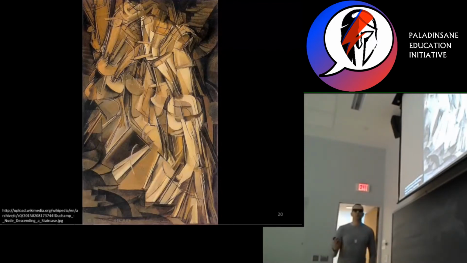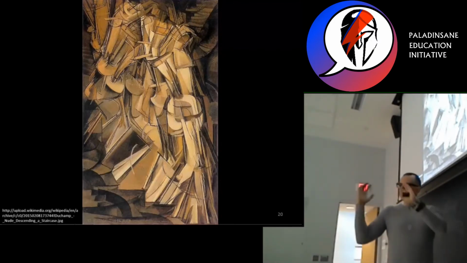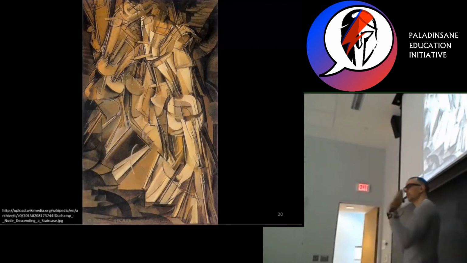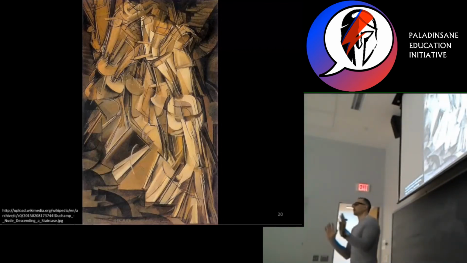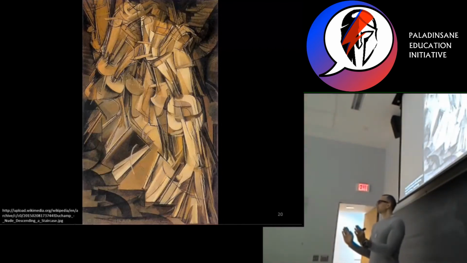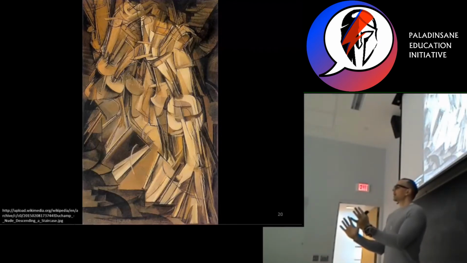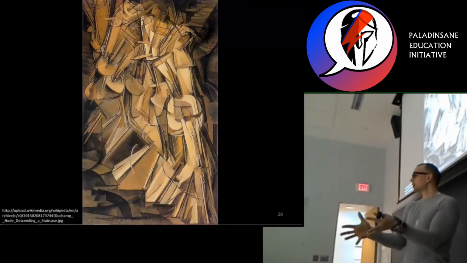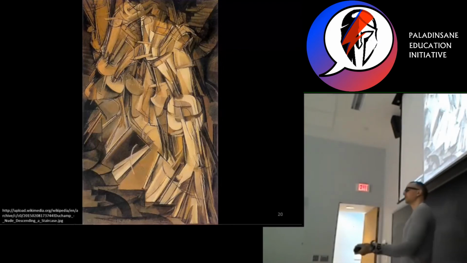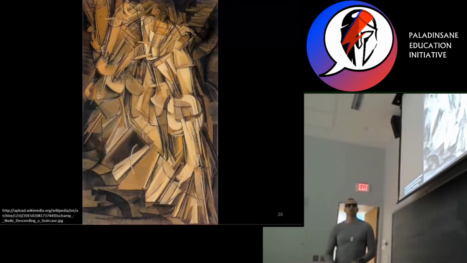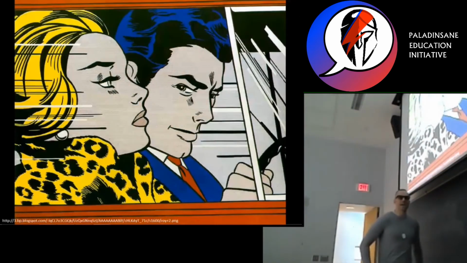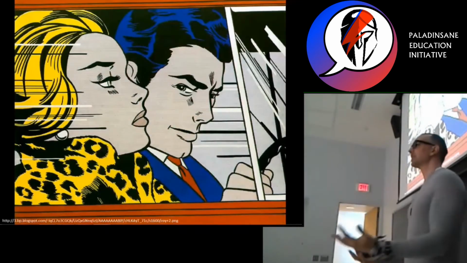So what we wanted to do is find images where there was motion. We wanted to find images that represented things that occurred in the real world. But we also wanted to find images that could use metaphorical devices and use them often enough that we would have data and examples to look at. And lo and behold, all the comics that I read as a child came back, and those are the images that we used.